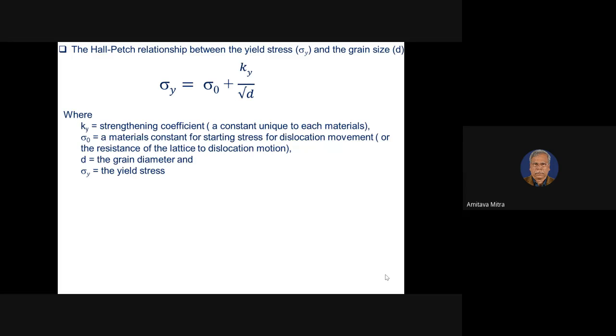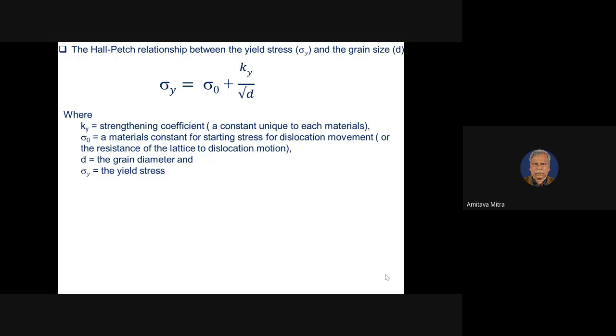It shows that the yield stress of a material is inversely dependent on the square root of the size of the materials, that is the grain diameter.